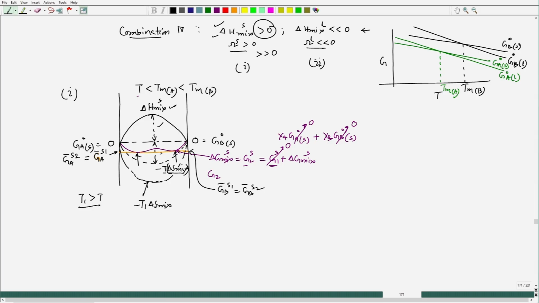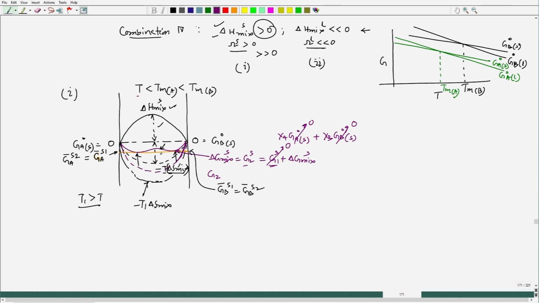Now, we see the midpoint distance from 0 for the minus T1 del S mix is much higher than del H mix of solid. Okay. So, definitely the final curve will actually be convex downward. This plot will take a shape like this.